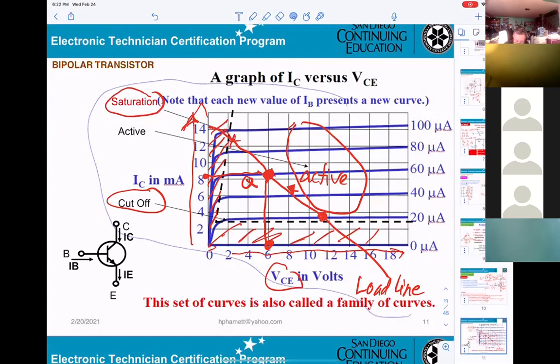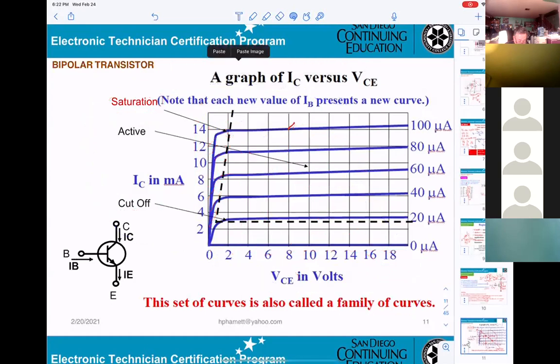And now, let's see, what else? Is the bipolar transistor a current controlled device?